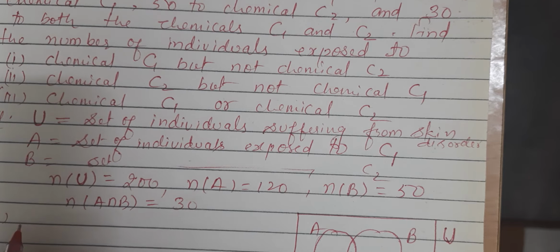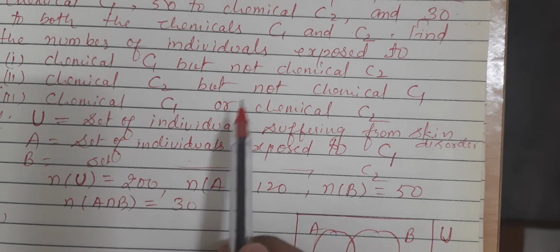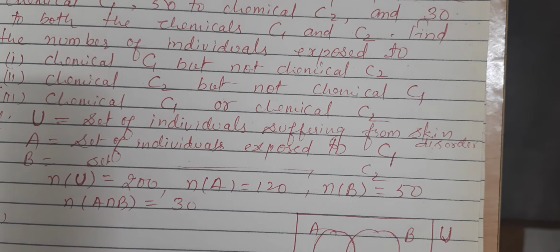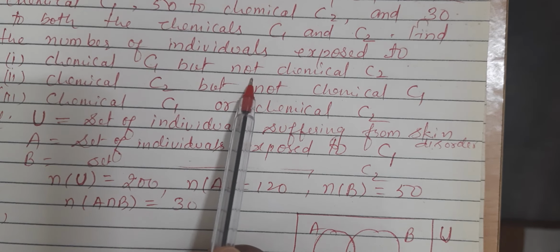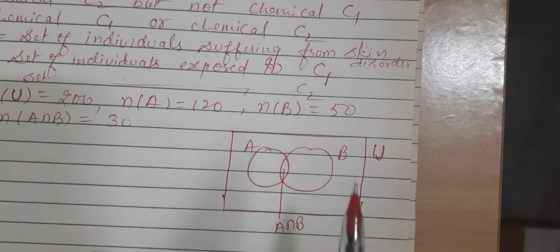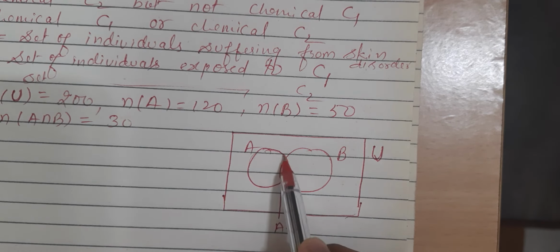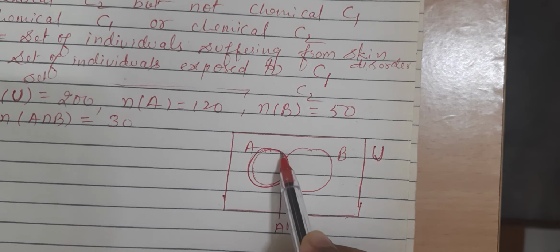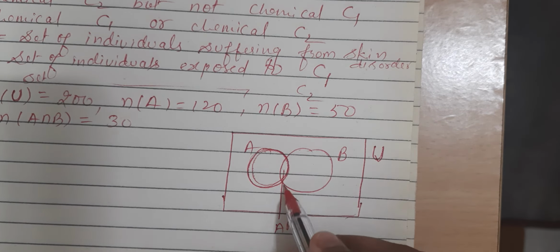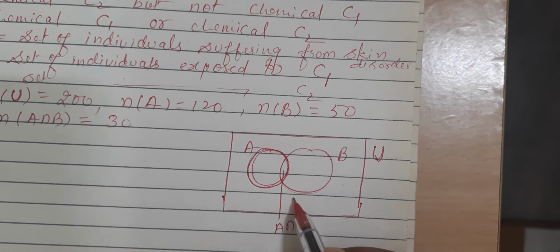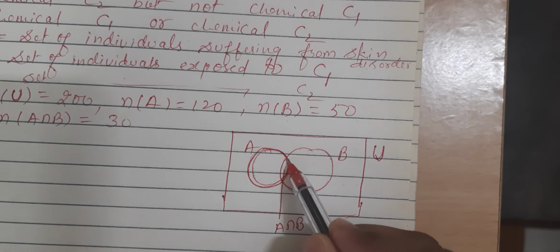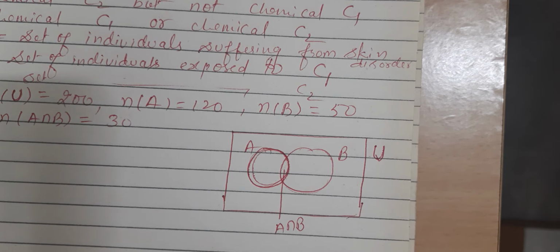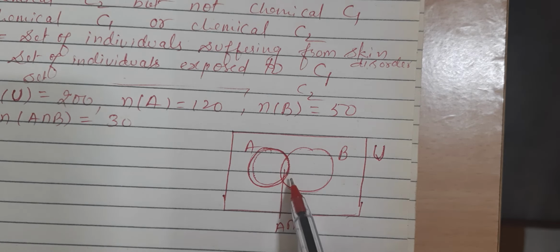In the first part, we have to find the number of individuals exposed to chemical C1 but not chemical C2. A is the set of individuals exposed to chemical C1, B is the set exposed to chemical C2, and the common portion is the individuals exposed to both.